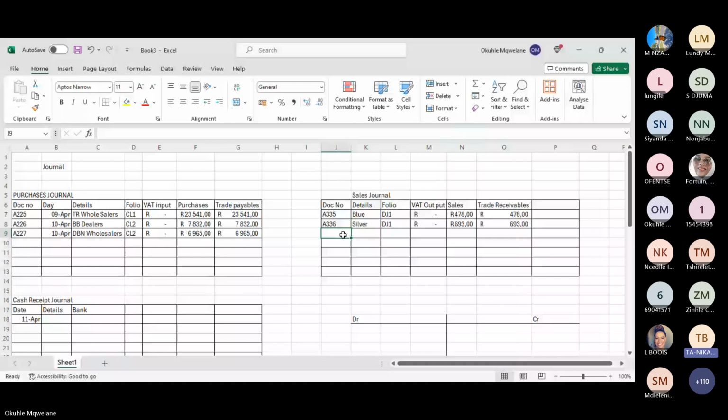Just get the transaction. It says number 4. Sell goods on credit to the following people. Green, 324 rand. Red, can I round it off, ma'am? Yes. Okay, 300 rand.